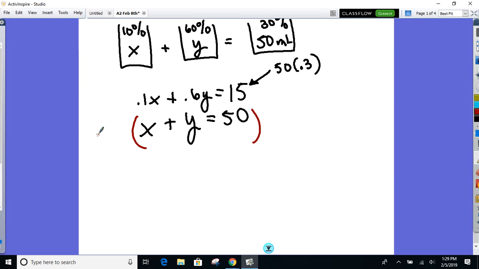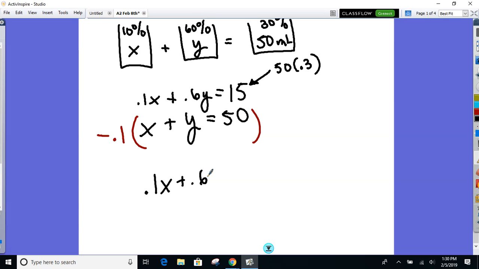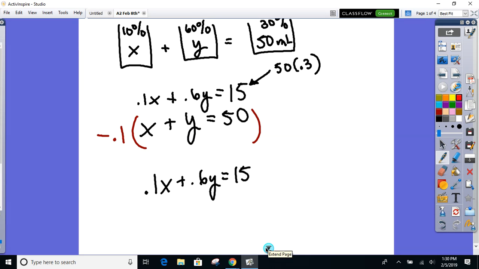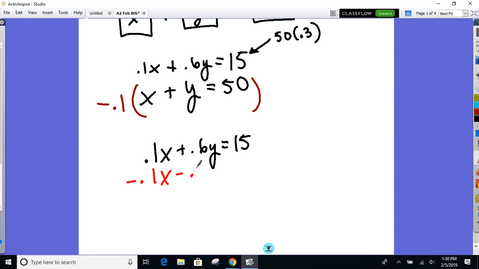Multiply it by negative 0.1. I'm just recopying the first one here. Go ahead, distribute the negative 0.1. Negative 0.1x minus 0.1y.